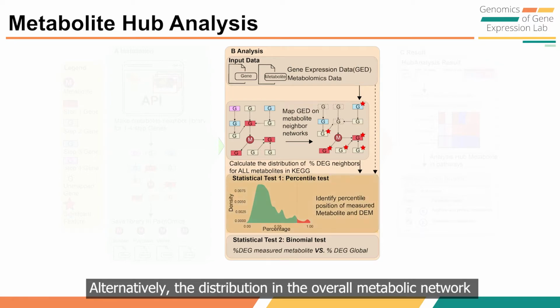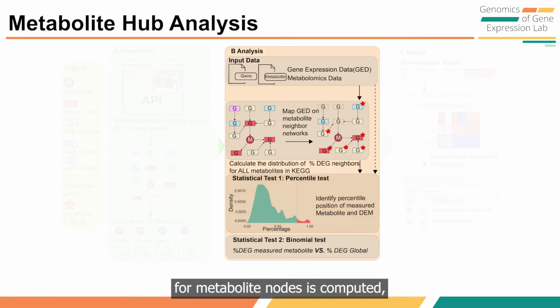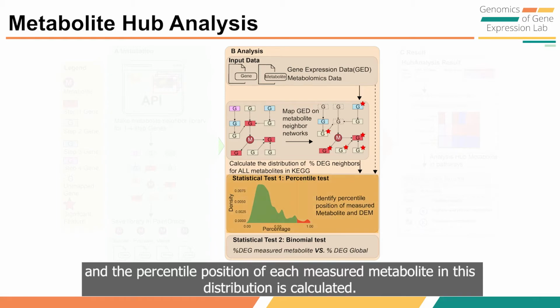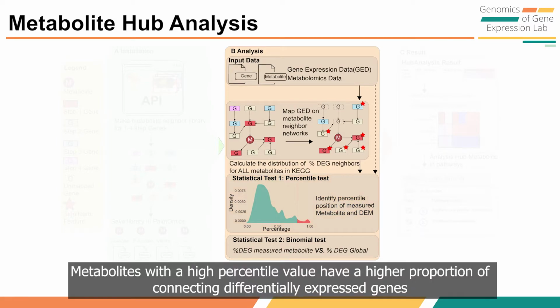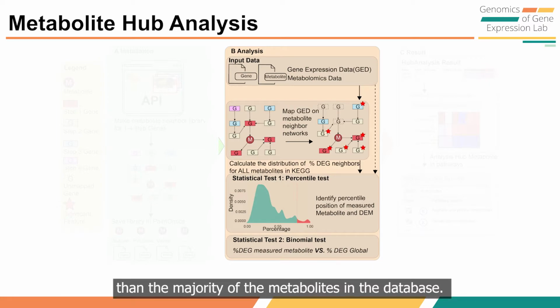Alternatively, the distribution in the overall metabolic network of the percentage of neighboring differentially expressed genes for metabolite nodes is computed, and the percentile position of each measured metabolite in this distribution is calculated. Metabolites with a high percentile value have a higher proportion of connecting differentially expressed genes than the majority of the metabolites in the database.